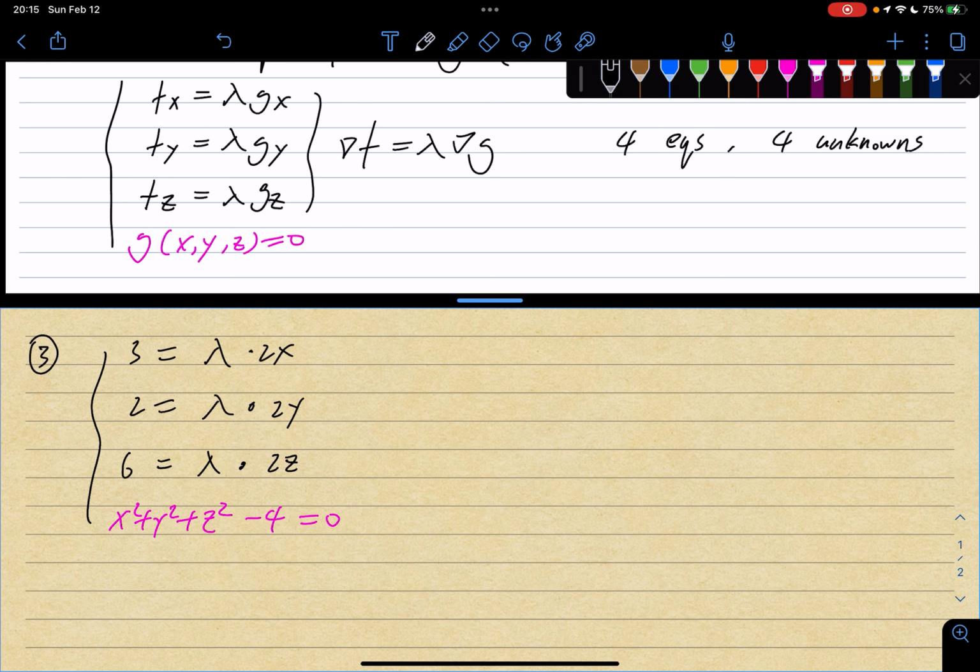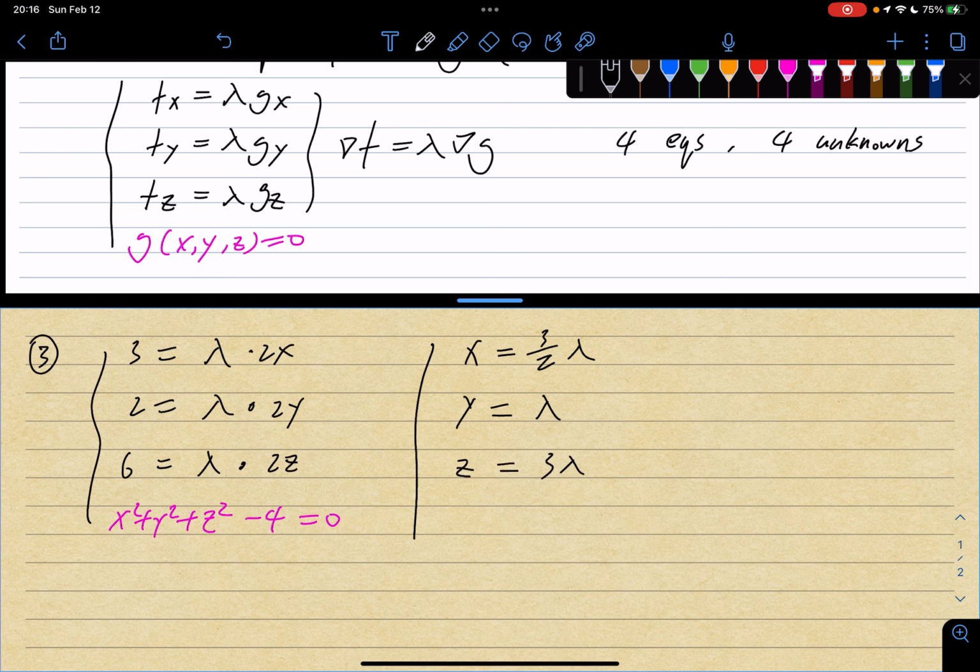So before I jump into step 4, I'm going to play around with this equation a little bit. So if I play around with the first equation, we're going to have x equals 3 over 2 lambda, y equals lambda, z equals 3 lambda.